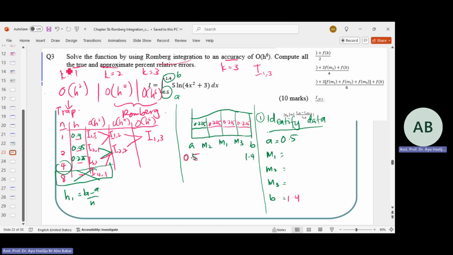So 0.5 plus this. Yes, M1 is 0.9. Right.